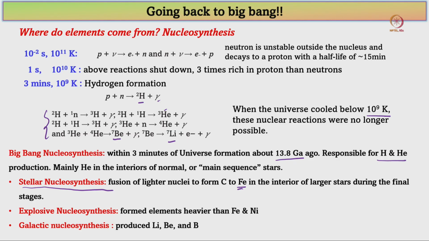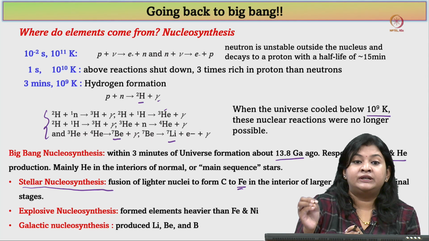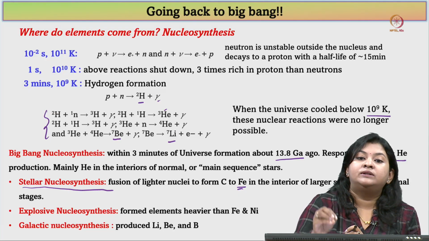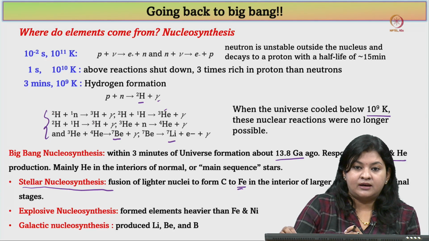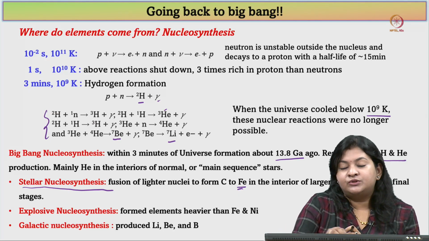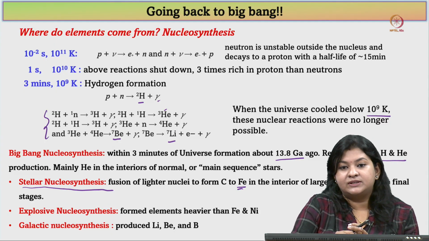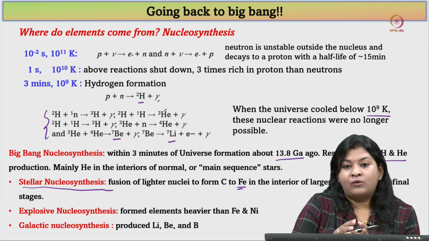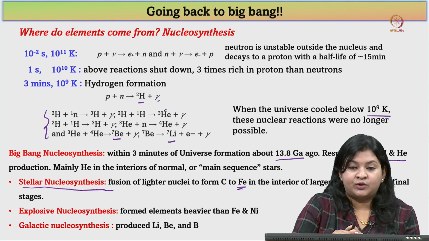If you are interested in looking deeper into how the individual elements are formed, I urge you to look into this very interesting topic of stellar nucleosynthesis and all the subsequent nucleosynthesis processes.